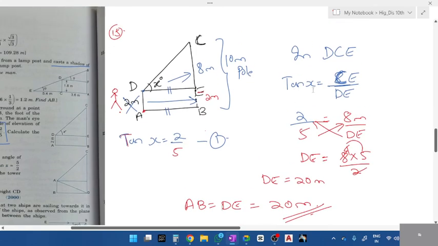All you have to do is write the tan formula. Only one triangle is given, so there's no need to substitute anything. Only one triangle, use the rectangle concept.